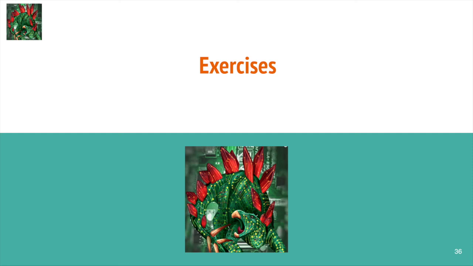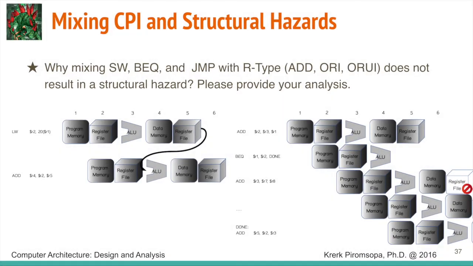Okay, that's for the lectures of today. Let's move on a little bit to the exercise to make sure that you understand the concept today. All right, I got maybe tricky equations. You know that when we mix instructions with different CPIs together, we may have structural hazard.